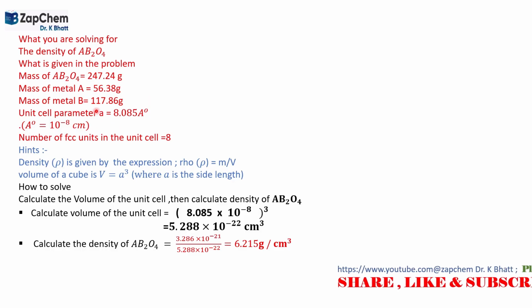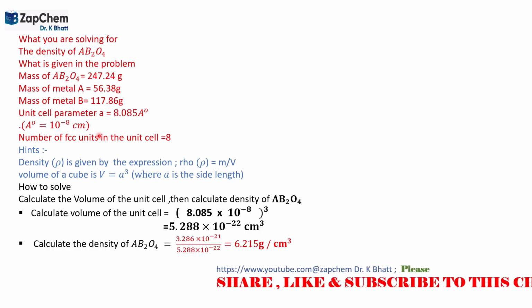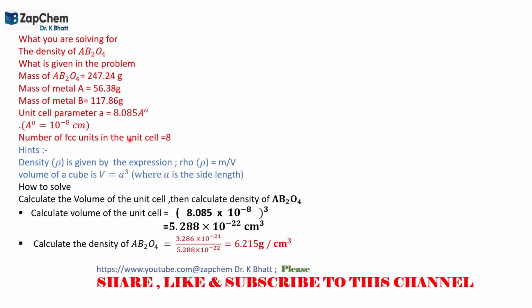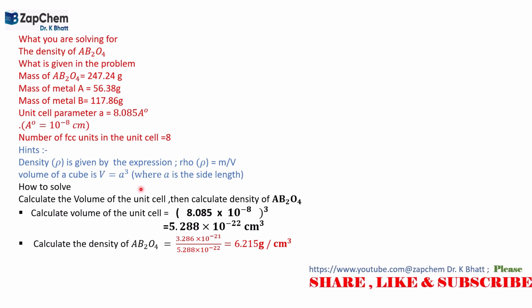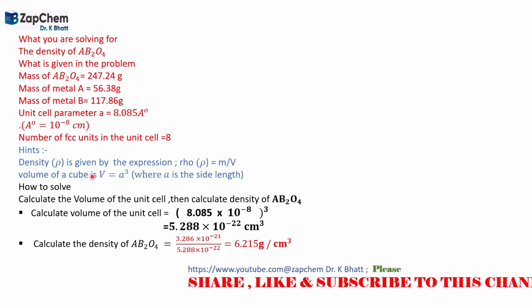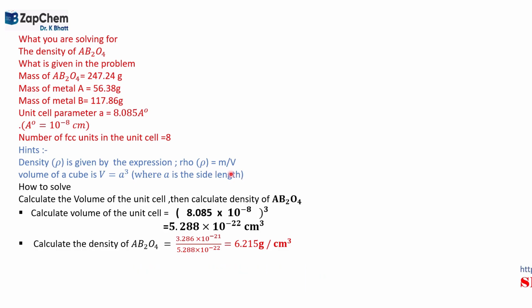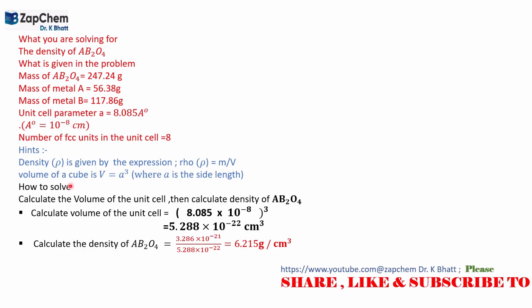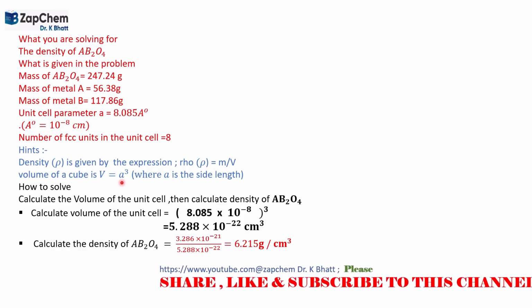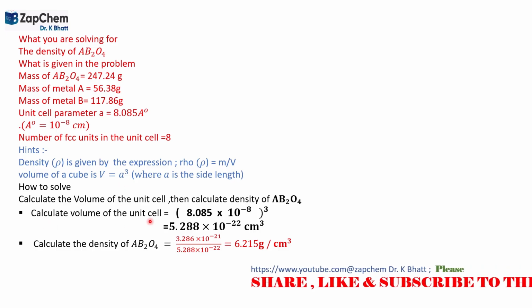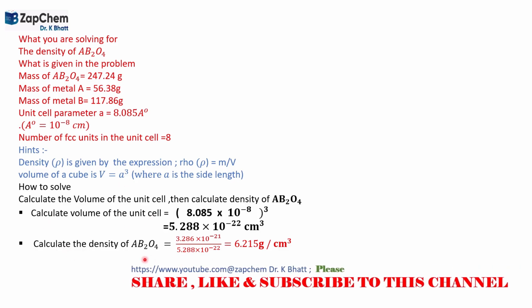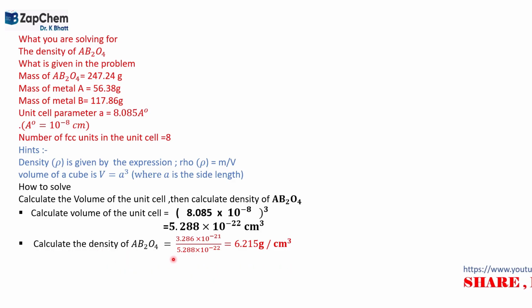The weight of metal A is given, the weight of metal B is given, and the unit cell length is also given. Now, as a hint, recall that the density is given by the expression rho equals m by v. Density is denoted by rho, mass upon volume. And the volume, since the side length a is given, will be a raised to power 3, that is a cubed. Now how to solve? Calculate the volume of the unit cell and then we can calculate the density of AB2O4.